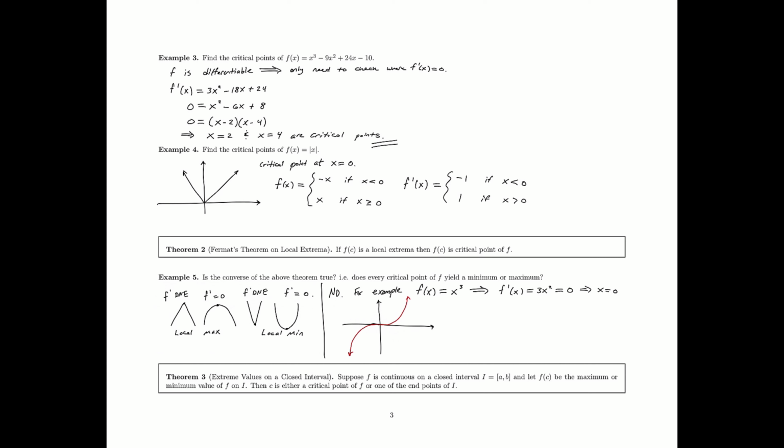Negative is always less than 0, and a positive is always greater than 0. Therefore, that point at x equals 0, this critical point, does not represent the location of any local extrema. The graph simply flattens out for a moment. So no, not every critical point yields a maximum or a minimum.